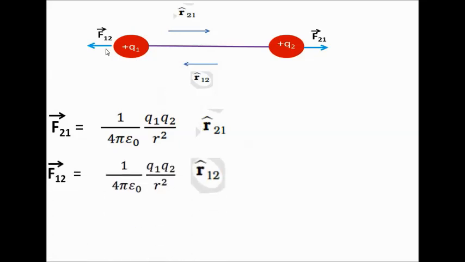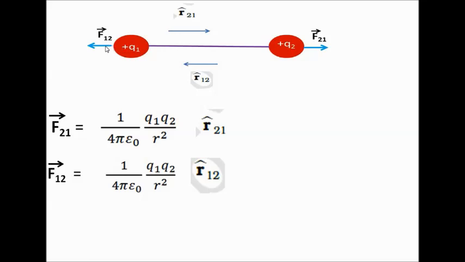Similarly, the force experienced by Q1 I can write like this. F12, the force experienced by Q1 due to Q2, is equal to, again the magnitude is same, 1 by 4 pi epsilon 0 Q1 Q2 by R square. Next we have to add the direction. Q1 also gets repelled by Q2.